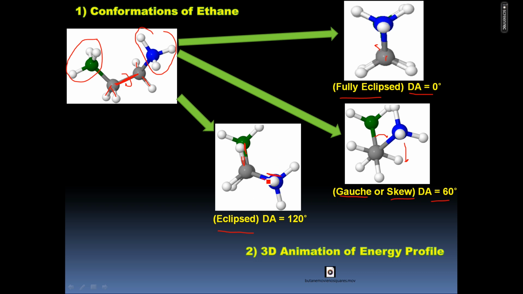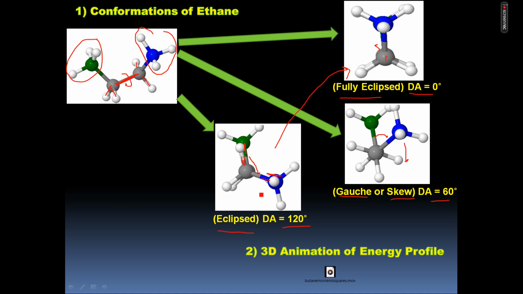Here we have the methyl group of one carbon and the hydrogen of the other carbon. So it's called the eclipsed conformation. The dihedral angle is 120 degrees. This is also energetic and less stable, but comparatively it's more stable than the fully eclipsed.